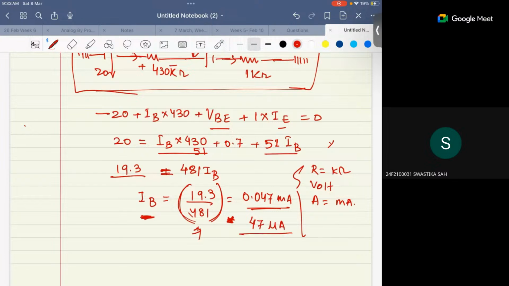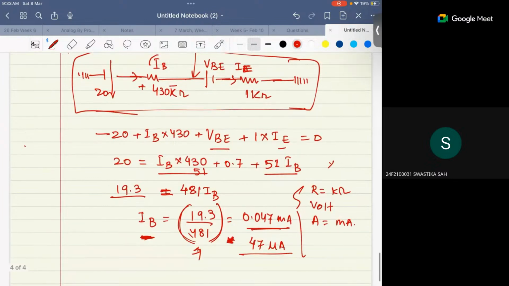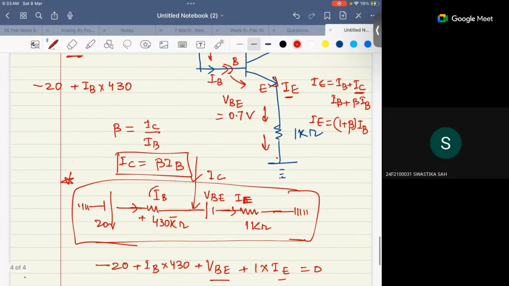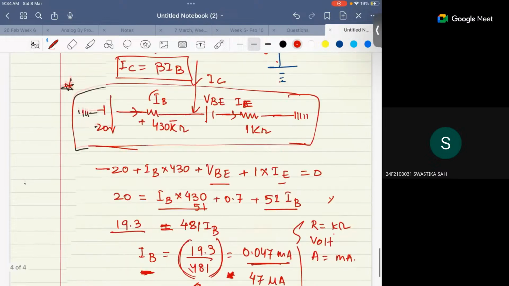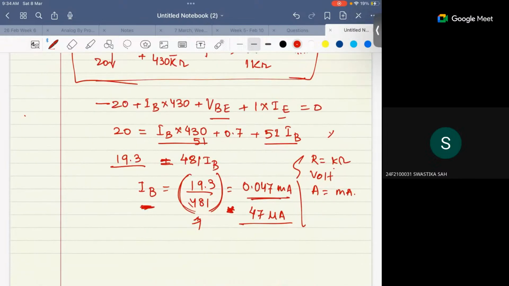Whenever you are dealing with analog, like in the BJT at least, or the diode that you are solving, always do not write the micro or milli everywhere. Most of the resistance is in the form of kilo ohm, right? Kilo ohm, kilo ohm, kilo ohm. And the voltage is in volt directly, nothing like micro or kilovolt.